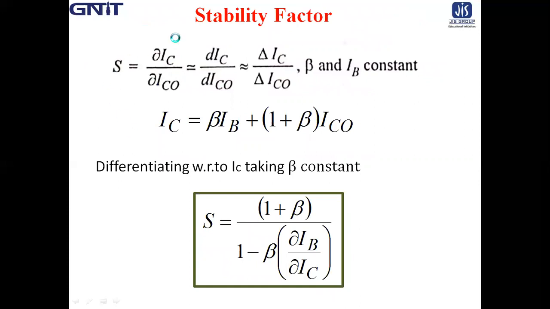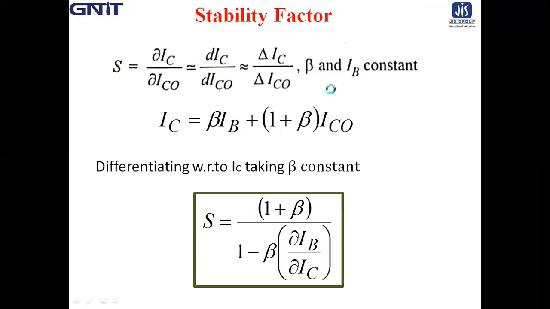So now you have to determine the stability factor. The stability factor, denoted as S, may be defined as the rate of change of collector current with respect to reverse saturation collector current ICO, keeping both the base current and the common emitter current gain beta constant.